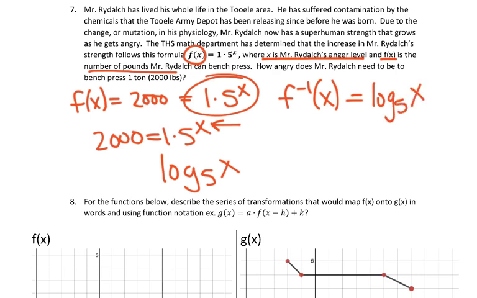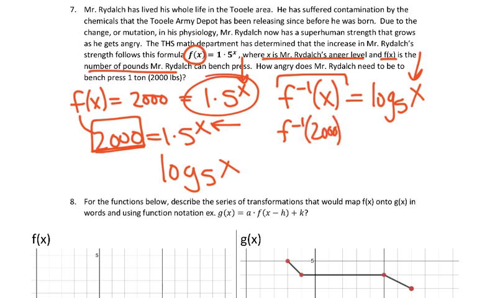Now the thing to note is because with inverses we swap the x and the y value, the input here would then be the output of the previous, and the output of our original is the input of our inverse. So we want to actually find out what this would be at 2,000.